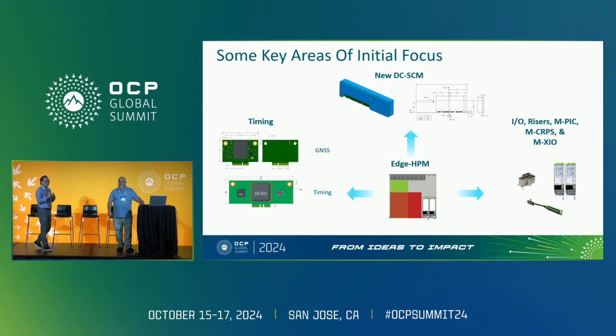Even though we leverage the MCRPS, we are working strongly with our MCRPS workstream to make sure the power supply can support reversible airflow to meet the edge application. That's one of the technologies we're going to focus on and collaborate with the power supply workstream to address, to make sure the ecosystem is ready for the edge application.